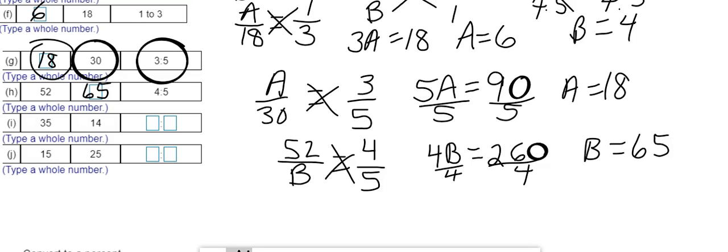On letter I, we have 35 to 14 is equal to, and in this case they have two unknowns, so basically we just need to reduce the fraction. If it reduces, 35 is the same thing as 5 times 7. So before we wrote numbers as their prime factorizations.